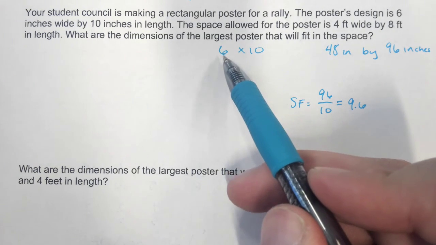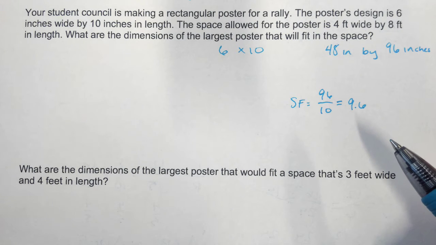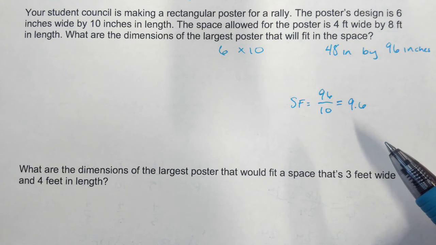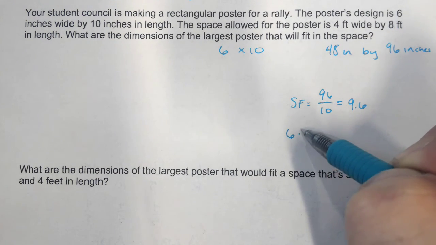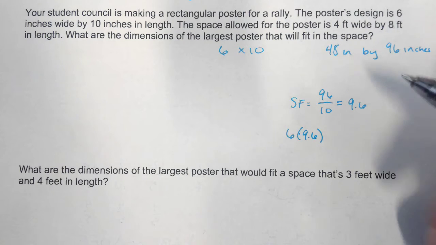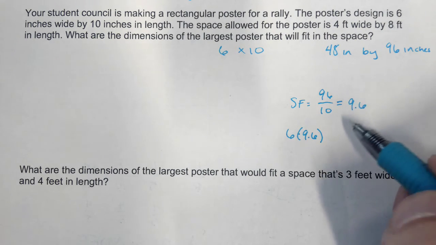I'll take that 6 and multiply it by my scale factor. 6 times 9.6 is 57.6.